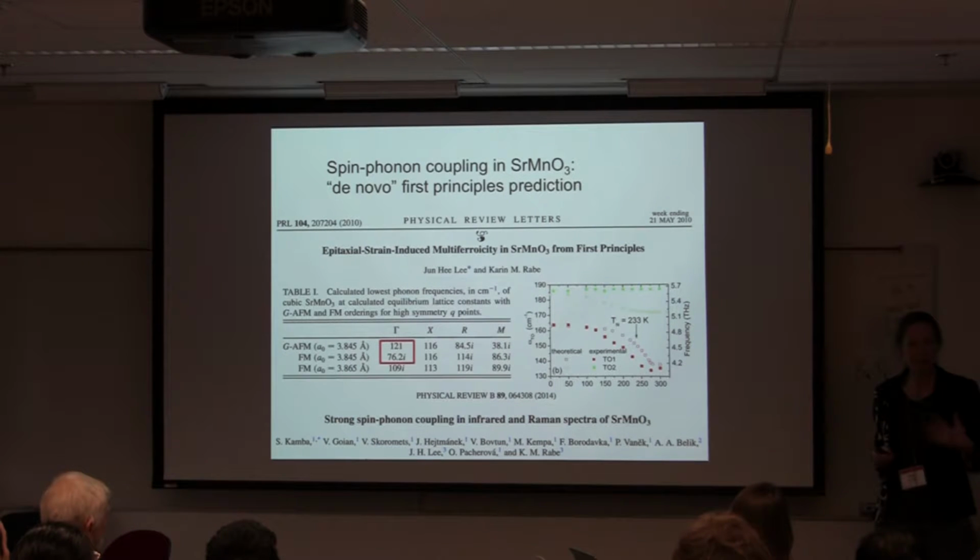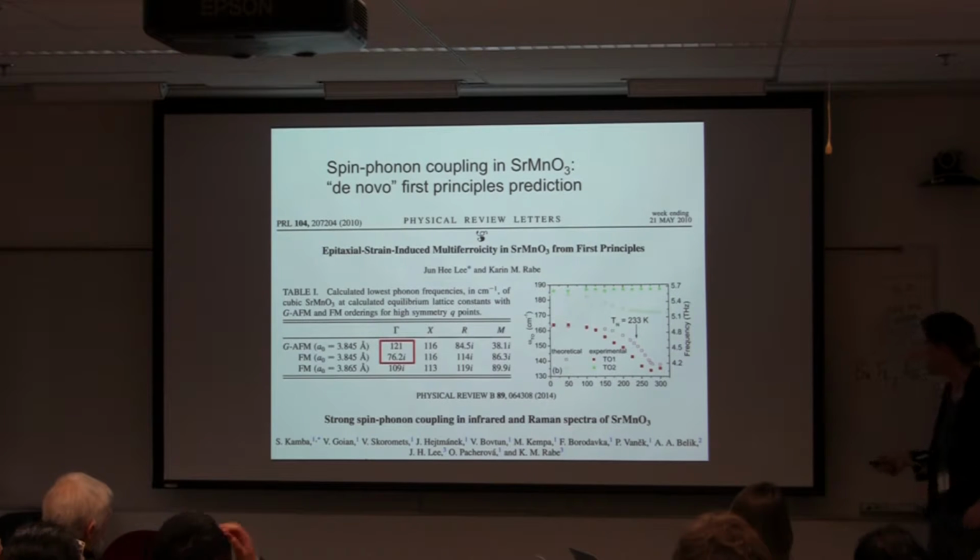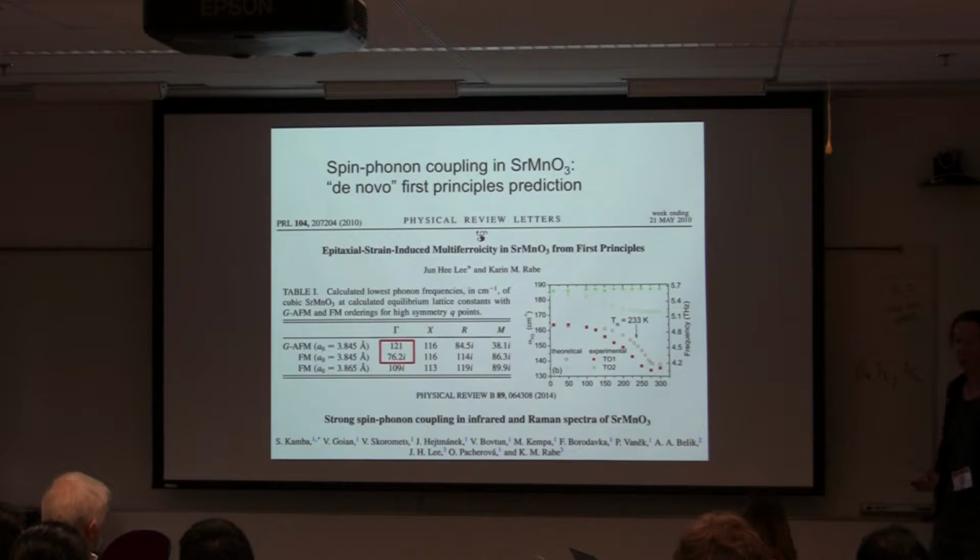And so you can look and see what happens to the phonons as you go through the transition. Stanislav Kamba in the Czech Republic, who was interested in studying these systems, looked for this shift, and it's over 30 wave numbers through the transition, which anybody who knows would know is a huge shift.